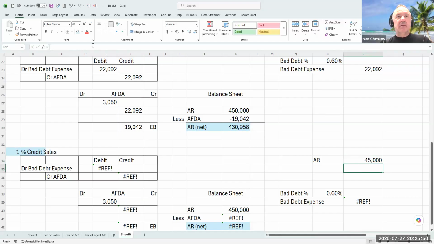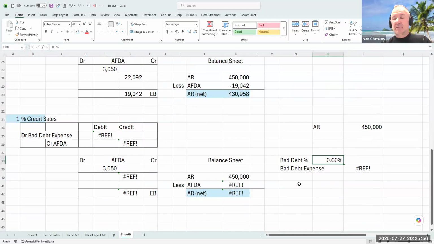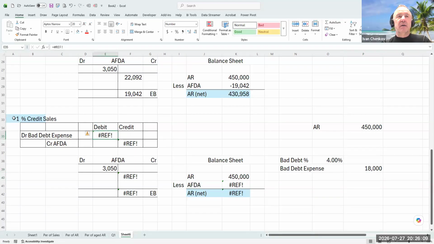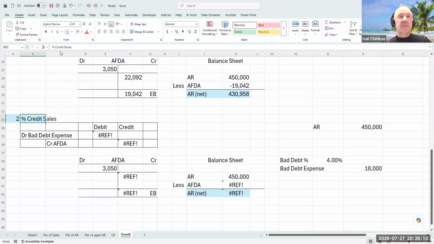The percentage of the bad debt is estimated to be 4%. So in this case, I'm going to have 450,000 times 4%, and that's going to give me 18,000 bad debt expense. So on the second one here too, percentage of accounts receivables.